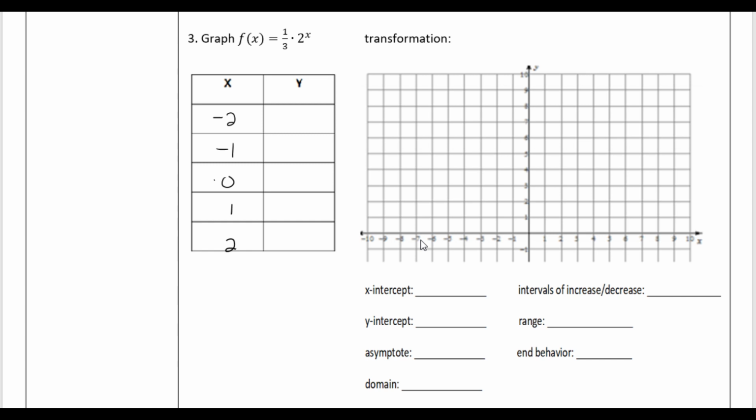So in this case, if you were to do the -2, you would have 1/3 times 2 to the -2, 1/3 times 1/4. Because remember, it's 1/2 squared, which is 4. All right, so let me write it out because I know you guys will want to see that. So we got 1/3 and then 1/4. So this is where you do the flip and forget, and you get 1/12.